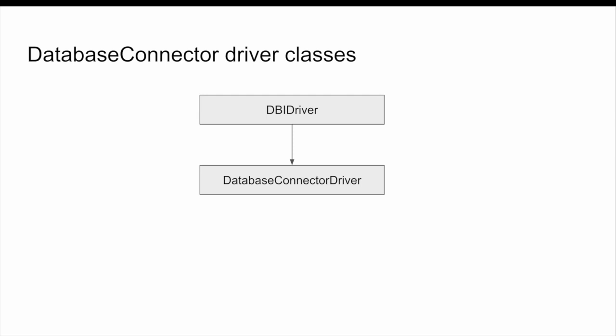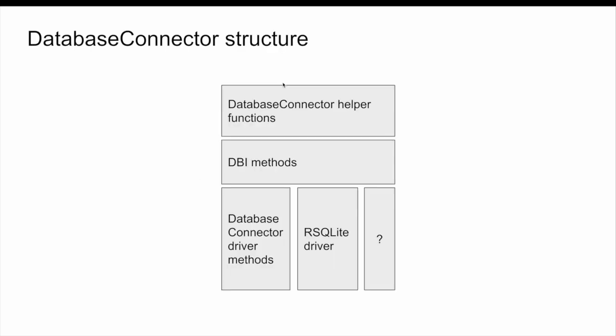So what we need to do is create new driver classes and new connection classes for each specific database. This will allow us to use DBI more effectively and also allow dplyr to properly dispatch the methods for SQL translation.